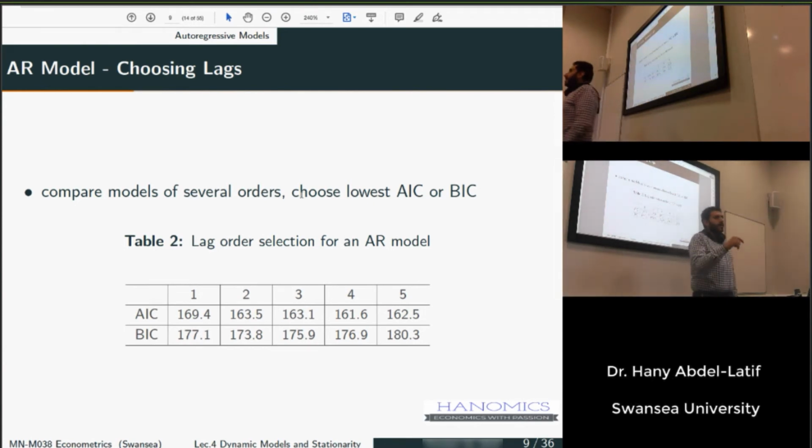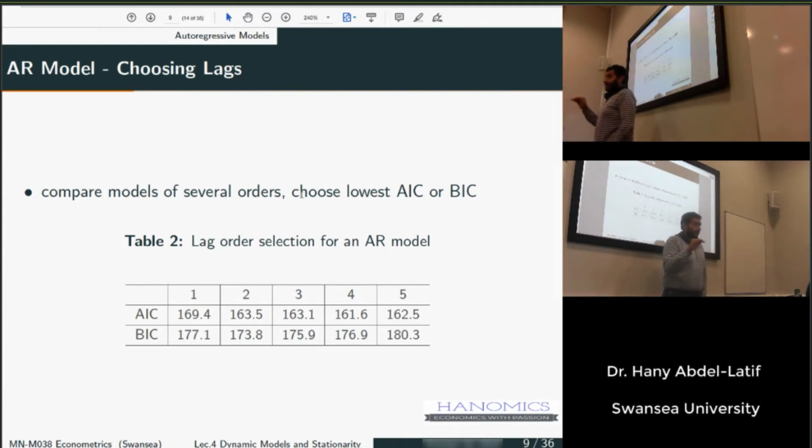Okay? If I find no serial correlation, it might still not make sense to me, and I'll tell you why. If this is quarterly data, and I see only 2 lags were enough to eliminate serial correlation, I still worry about a seasonal effect.